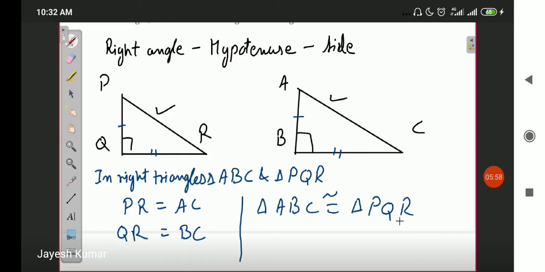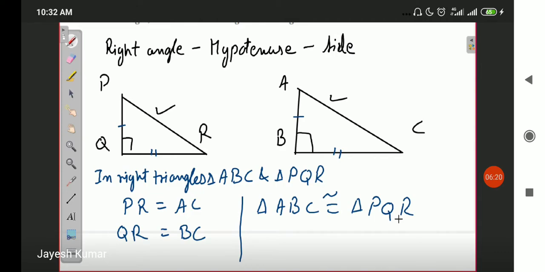When does this happen? When for a right angle triangle only, its hypotenuse and one of its sides are equal. Okay, keep that in mind. RHS congruency can only be applied to a right angle triangle, but that does not mean that for every right angle triangle you are going to force RHS congruency.